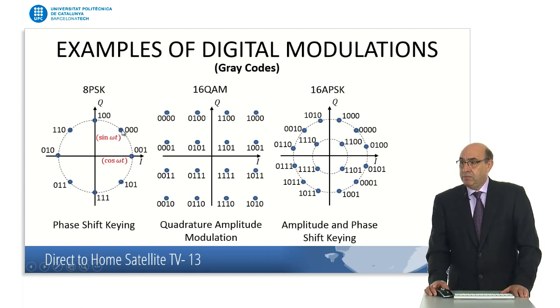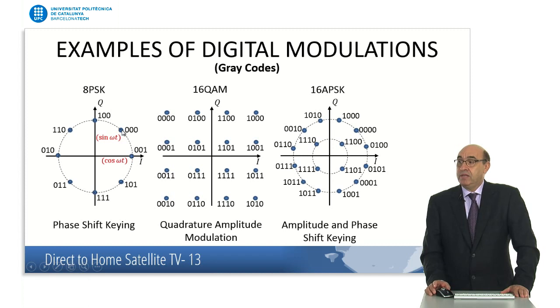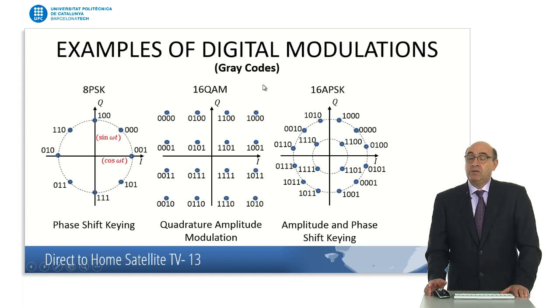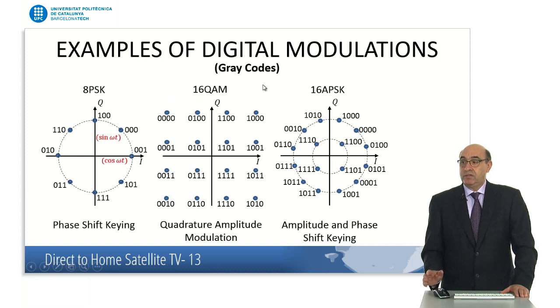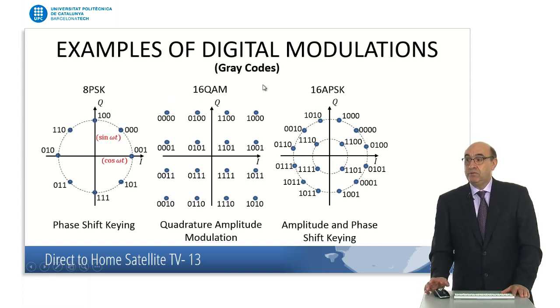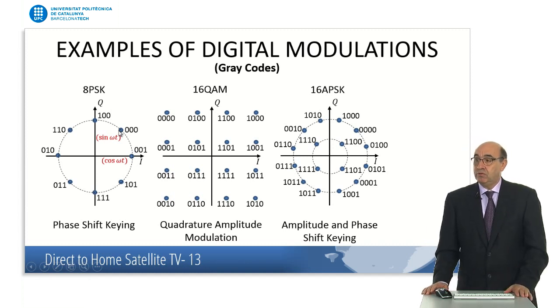You have also the bits associated with each one of those states, and they are represented using what's called a gray code. This is simple and important, because from one state to the other, only 1 bit changes. And this makes things easier in the processing of those codes.